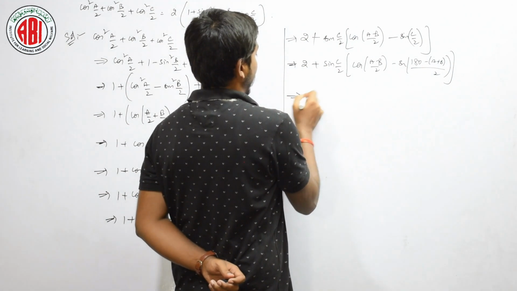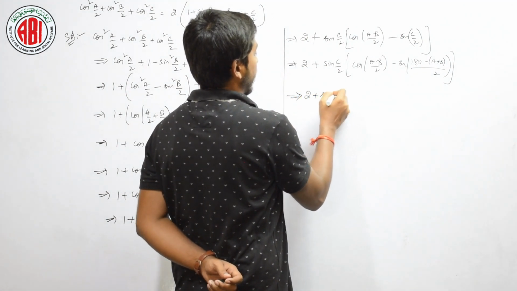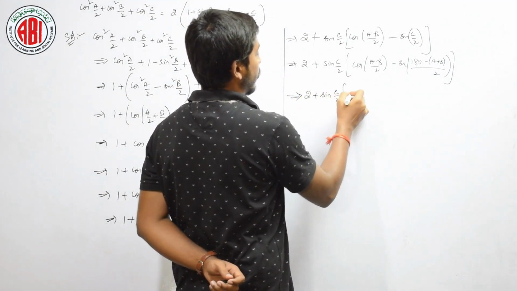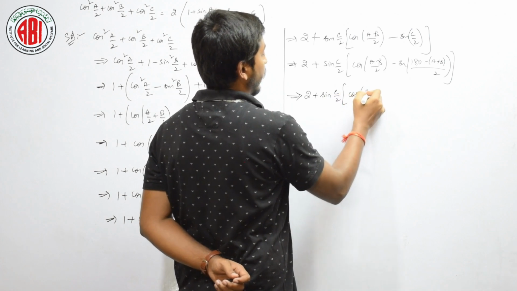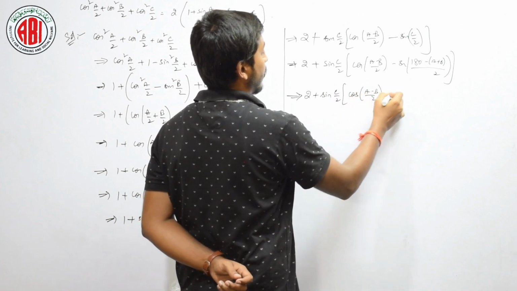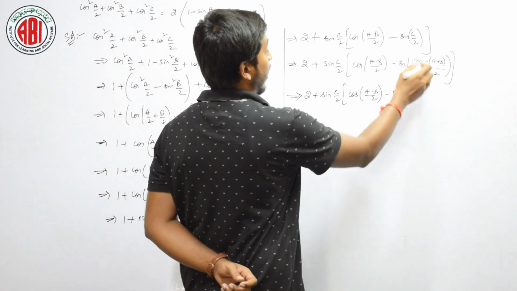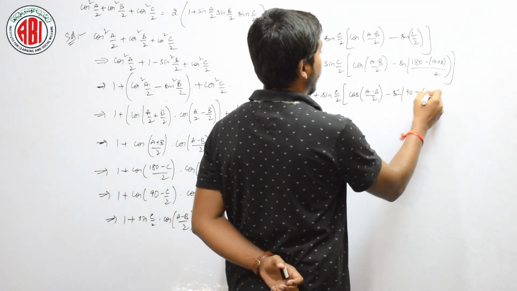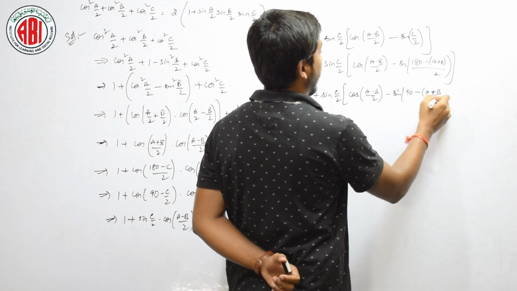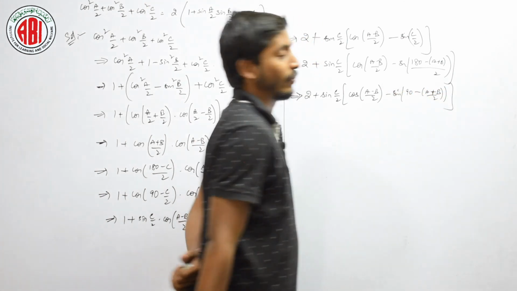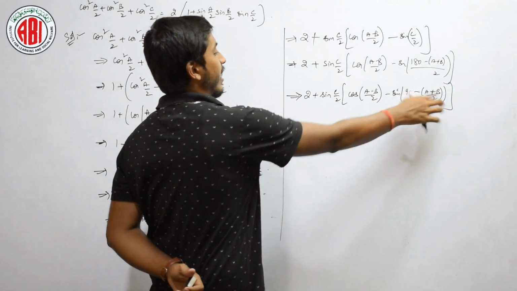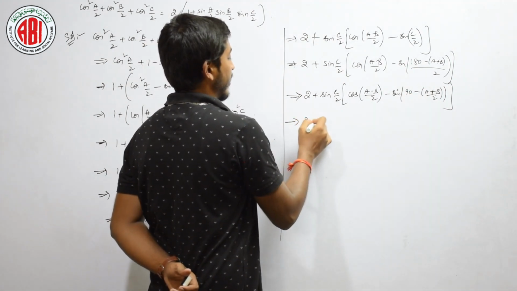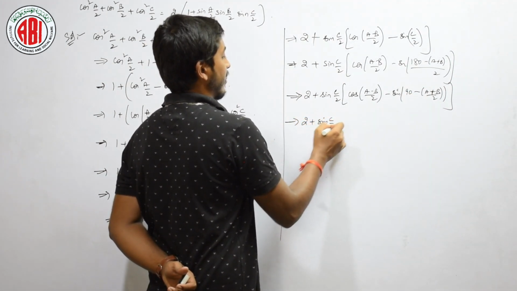Yes, that is 2 plus sin c by 2 into cos of a minus b by 2 minus sin of 180 by 2 is 90, 90 minus of a plus b by 2, isn't it? What is sin of 90 minus theta? That is nothing but, what is it?